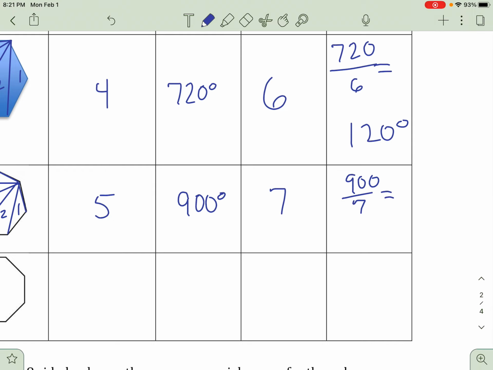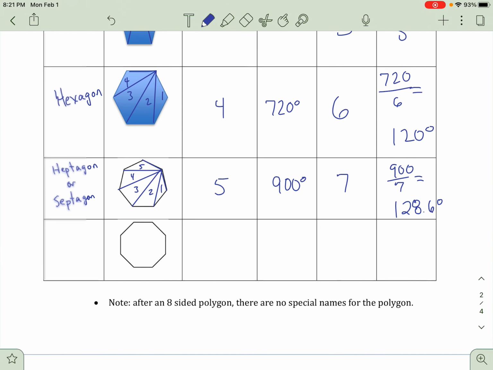And again, 900 divided by the number of sides gives you 128.6.